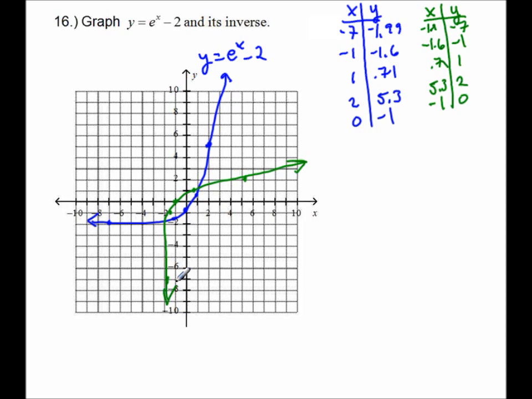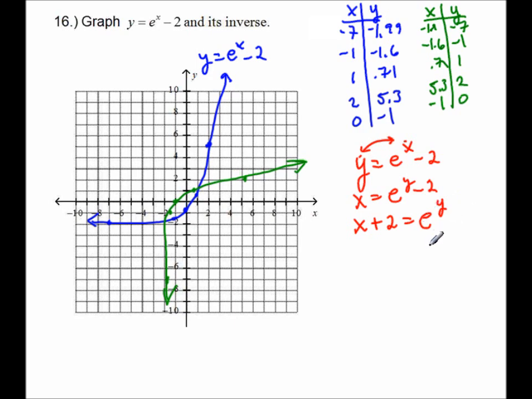Now, to find its inverse algebraically, we have y equals e to the x minus 2. To get the inverse, we learned to switch the x and the y. So this becomes x equals e to the y minus 2. So then we have x plus 2 equals e to the y. Now we are in exponential form, so what can we do?